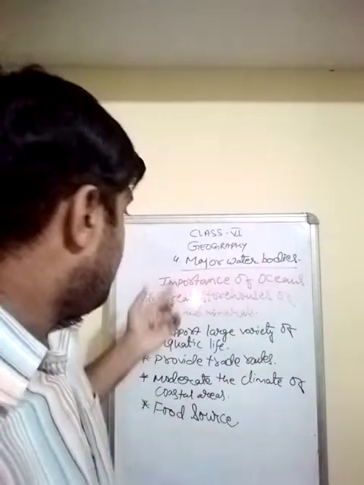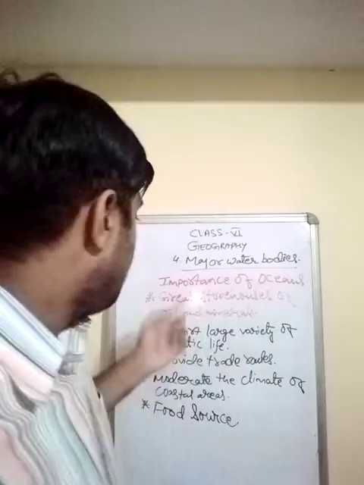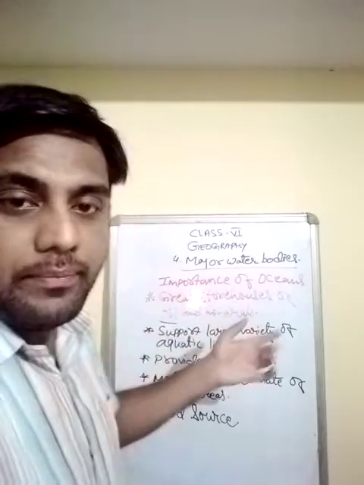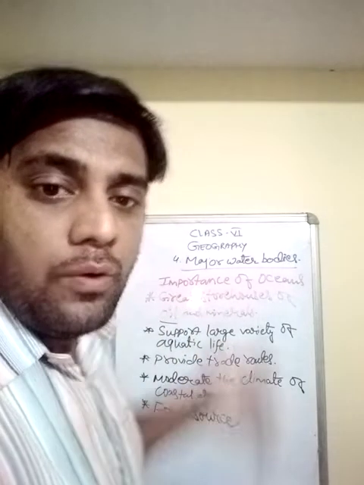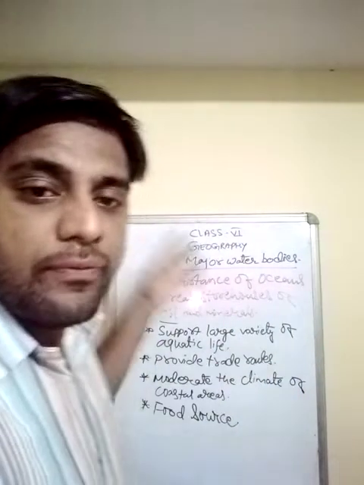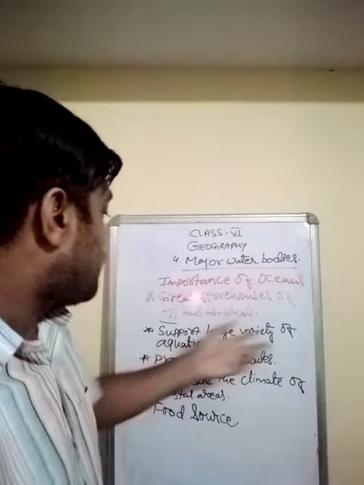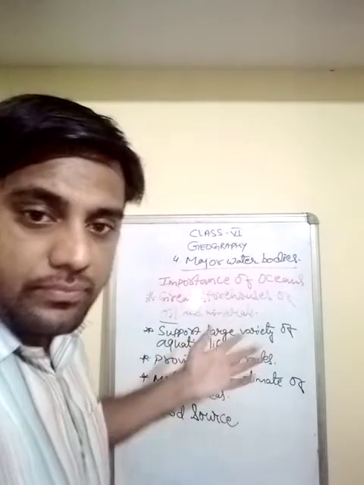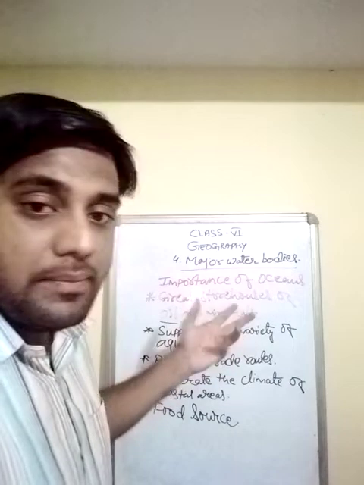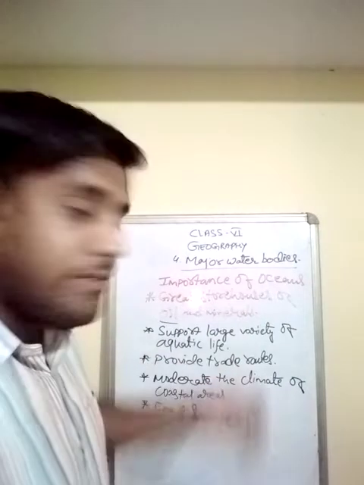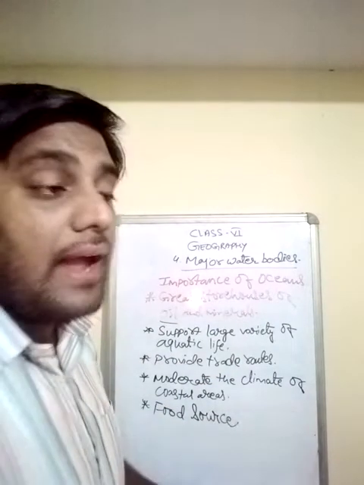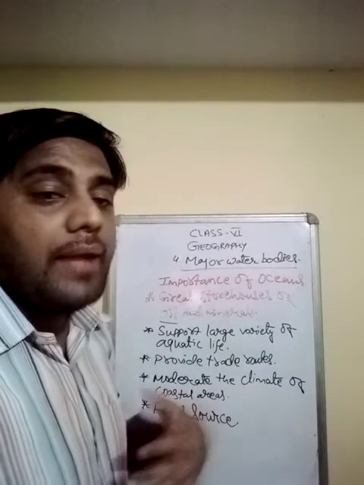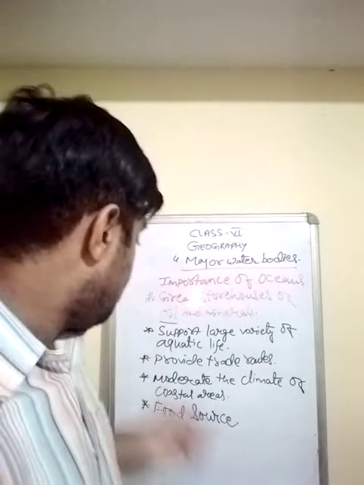Now before we go on to the sea, let's revise the importance of oceans. First of all, a great storehouse of oils and minerals. Many minerals and oil are found in the ocean. Next, they support a large variety of aquatic life. Sea plants and sea animals are found here. Next, provide trade routes. Big ships carrying items of import and export ply between the countries through oceans.